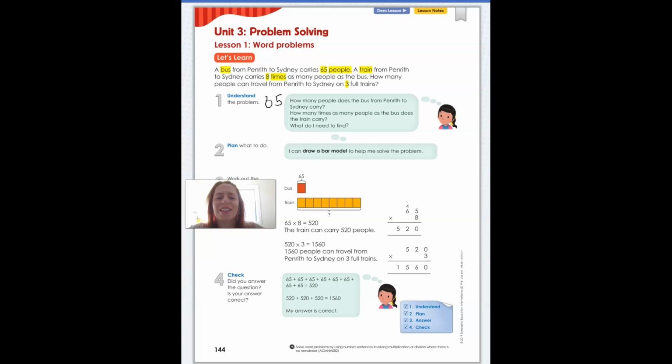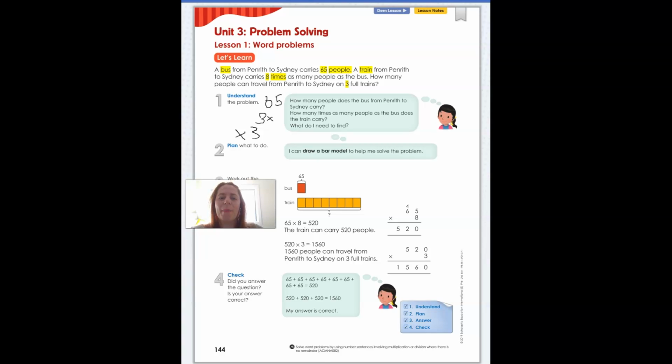How many times as many people as the bus does the train carry? 8 times. Can you see that there's a multiplication sentence occurring? And what do I need to find? I need to find out how many people on 3 full trains. So that would be 65 times 8, and then you would do that times 3 again.